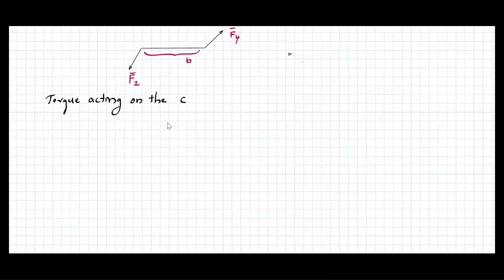How to evaluate torque? Torque is basically the product of one of the forces and the perpendicular distance. The torque acting on the coil is obtained by multiplying one of the forces with the perpendicular distance.